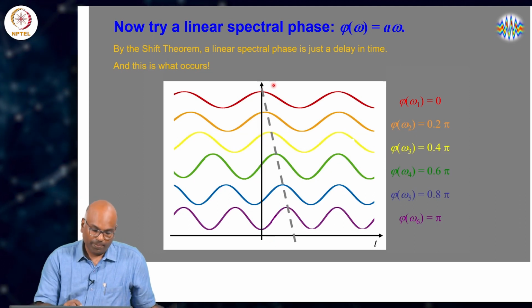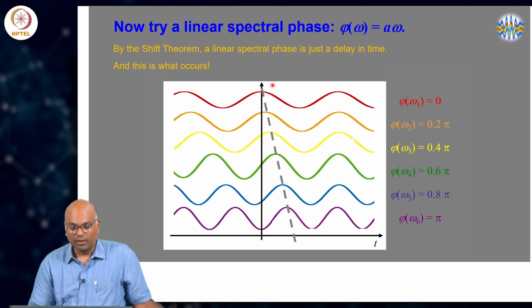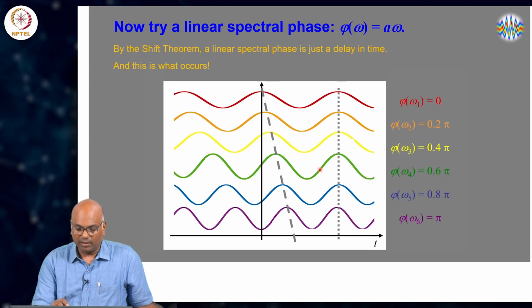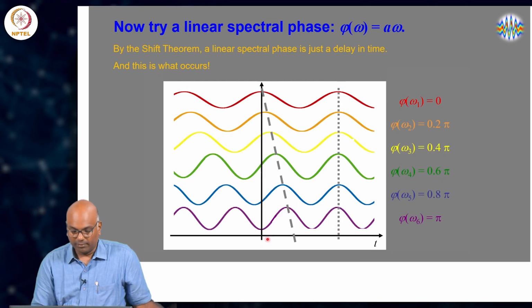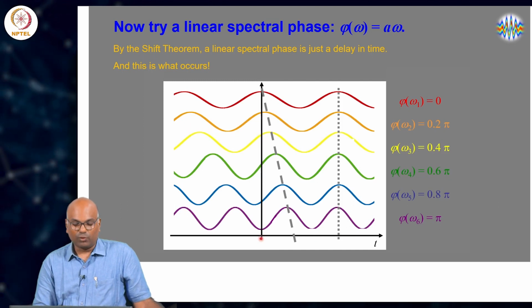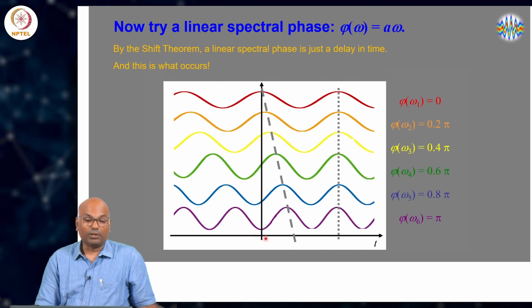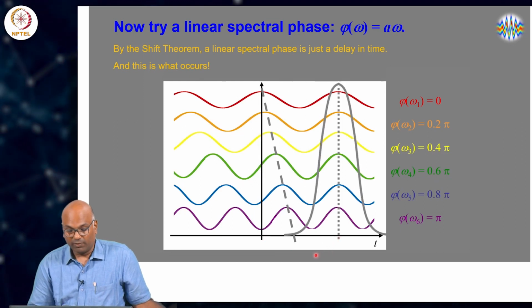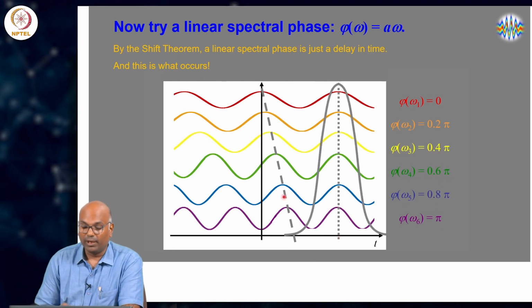Ergo, when we sum up these amplitudes, the maxima are aligned at some forward time, that is away from the 0 where the two vertical axes are shown to intersect, the vertical and the horizontal, and we essentially would have had a pulse that would have propagated forward.